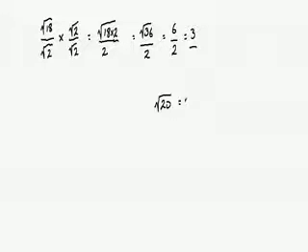What times what gives me 20? Well, 2 times 10, but neither of those are any good to me, but 4 times 5 is useful to me because it has that square number. And the root of 4 is 2, leaving me root 5 inside.